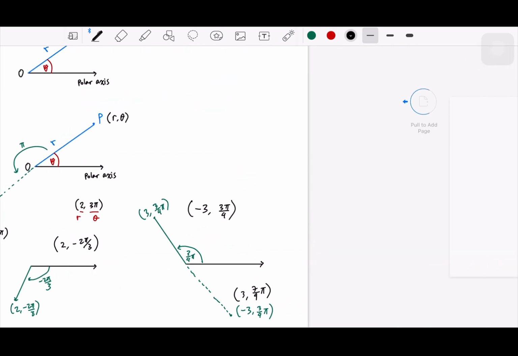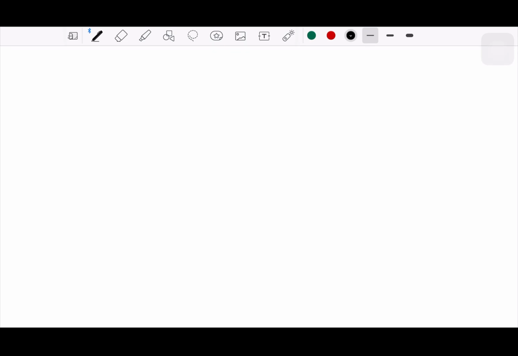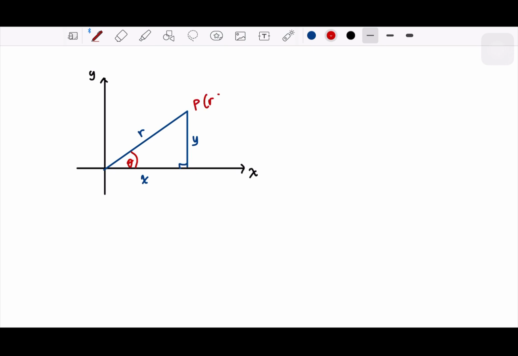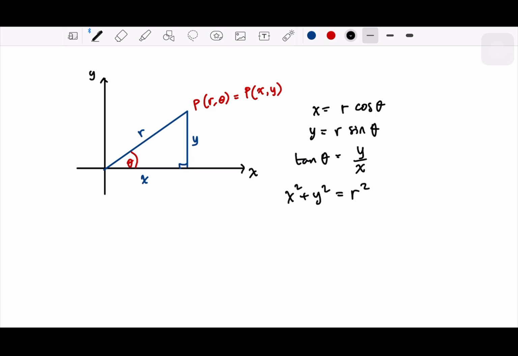Okay, let me move to another one. In Cartesian, we can take the polar into right triangle definitions, where x is r cosine theta, y is r sine theta, and tangent theta is y over x, and then we have a circle formula in Cartesian.